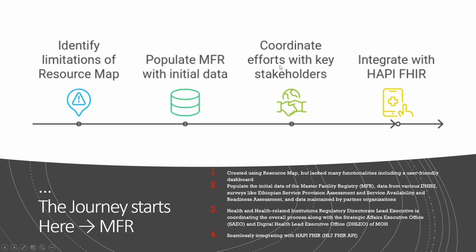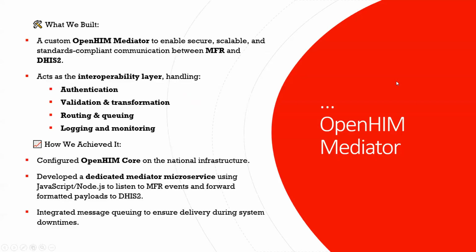In the ministry, there is a regulatory body, the health and health related regulatory authority, which manages and certifies facilities. We said MFR should be managed by this directorate so that we have a clean list of facilities, and we have to also integrate with HAPI FHIR so that it becomes interoperable.